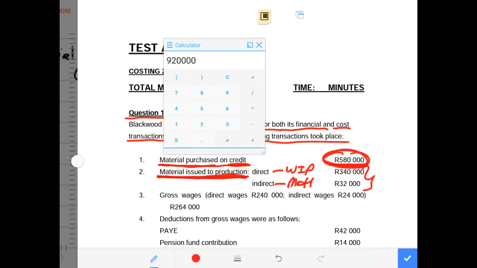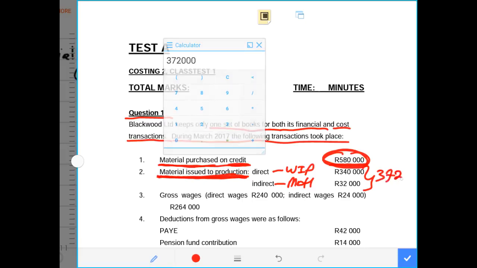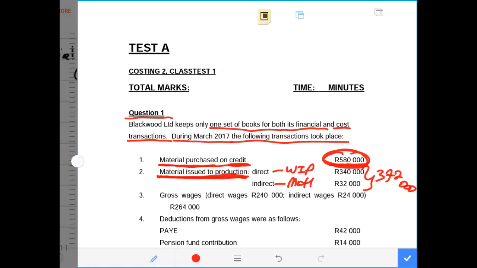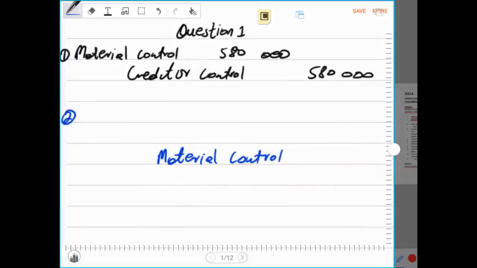Let me calculate that. It's not 580, it's 340,000 rands plus 32,000 rands. This will give us an answer of 372,000 rands. This will be the total cost of material that was taken from the material control into the production department.